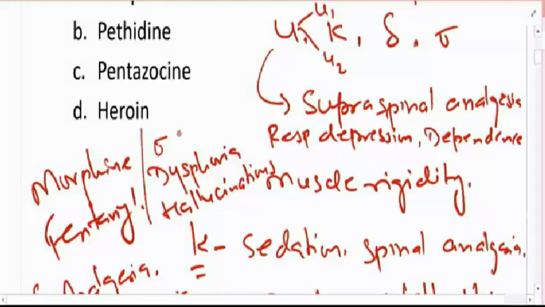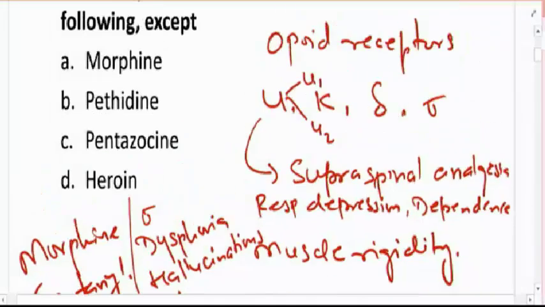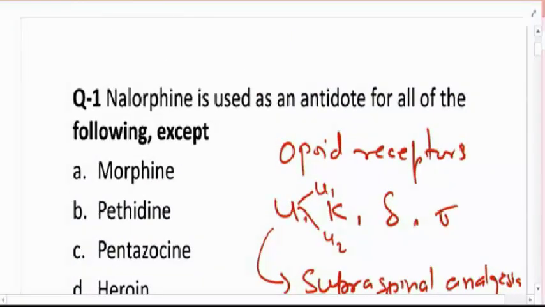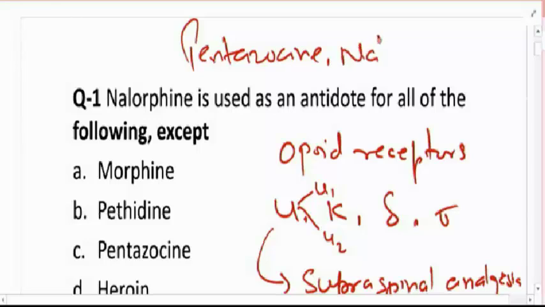Examples include pentazocine and nalorphine. So these are the agonists at the sigma receptors, both pentazocine and nalorphine.